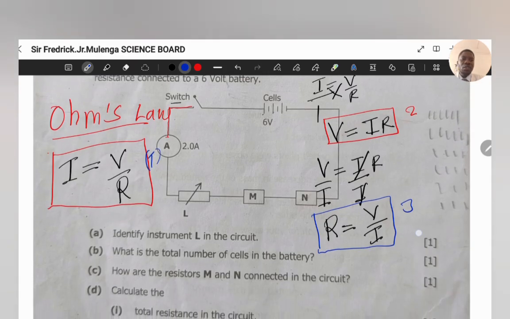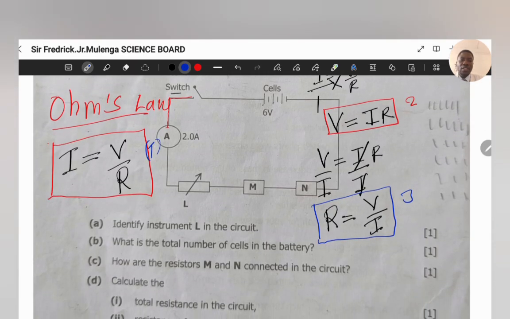Or the other best way you can do this is actually you make a triangle. You make a triangle, you do like this. All right, so if you are calculating voltage, you put your voltage up there, then you say current times resistance. So if you are calculating voltage, you cover V, meaning you are multiplying current times resistance.